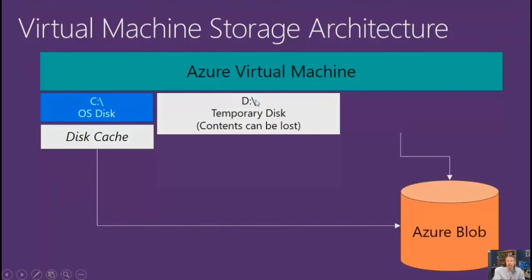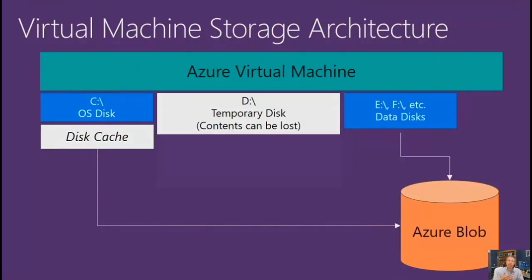The VM also gets a local temporary disk that for a Windows VM gets exposed as a D drive. For a Linux VM it's sort of a scratch file system, right? And that temporary storage is not persistently backed to Azure Blob Storage. It's really intended more for temporary needs while the VM is running.